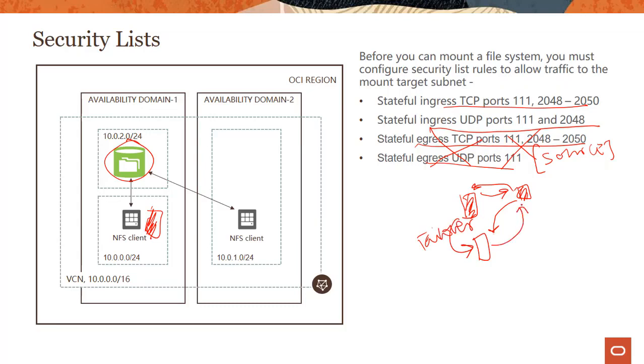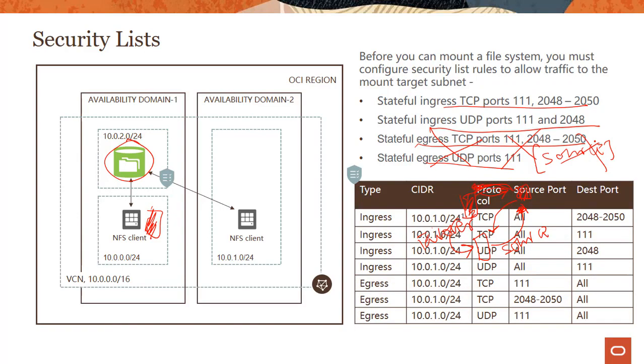Now the response has to go from here, right? So that's why you have to open specific source ports. Otherwise, this particular TCP connection cannot survive the reboot. The packets will get lost, right? So that's the reason why we have those rules available there, right?